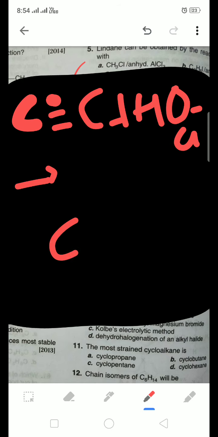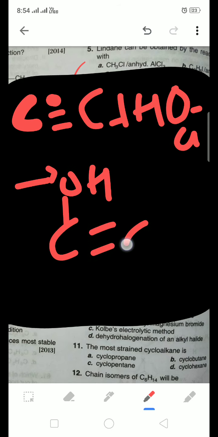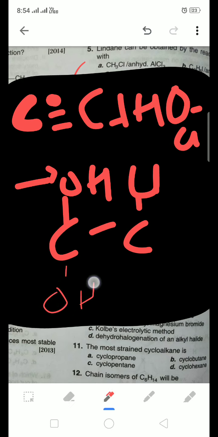The first product formed here is HO-CH=CH-Cl. Then when HOCl reacts with this double bond again, the double bond would be broken, and instead we would again get OH and Cl. Yes, OH would be substituted just directly below the OH.